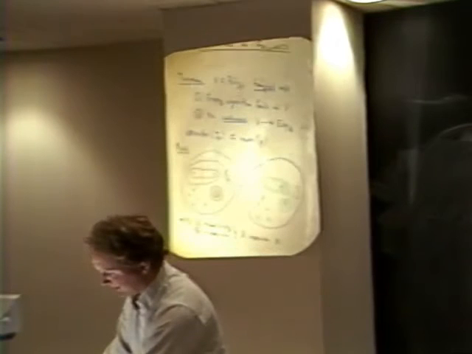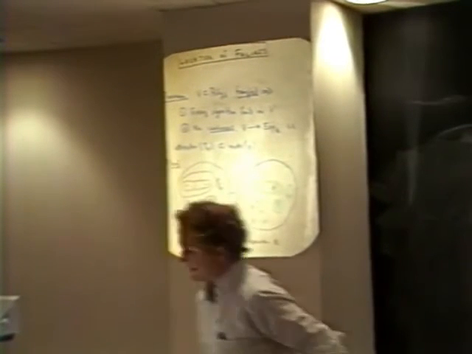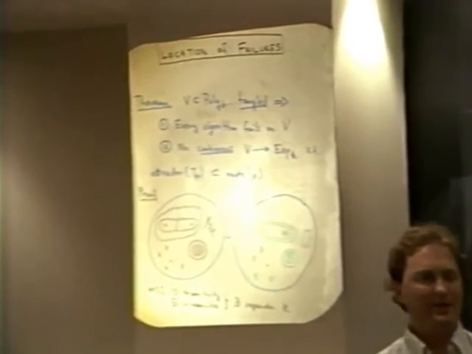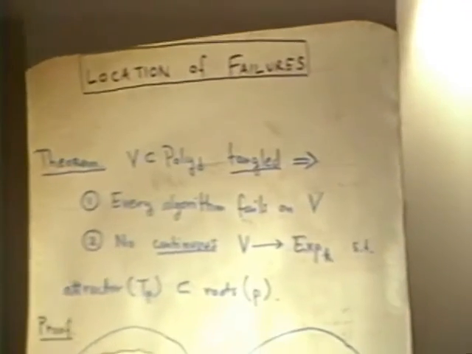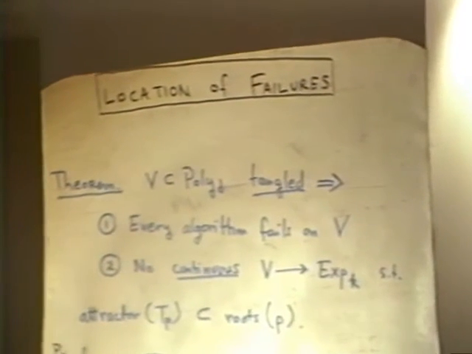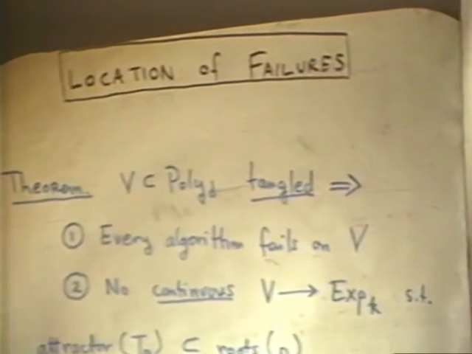Okay, so finally, what is the theorem about these sets? It's that, first, if you have one of these tangled subsets of polynomials of degree d, then every purely iterative algorithm fails on that set. That means there's an open set of polynomials, an open set of initial guesses, such that those initial guesses are bad for this set of polynomials.